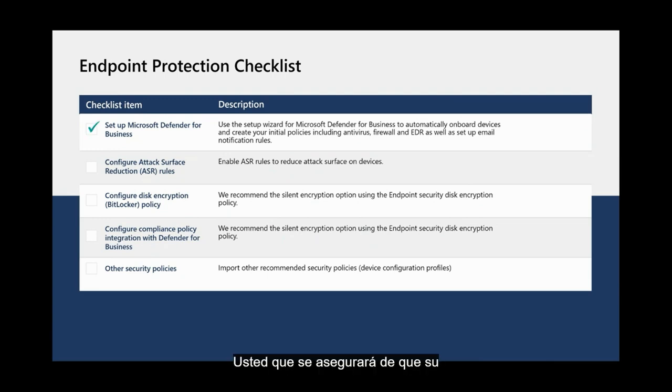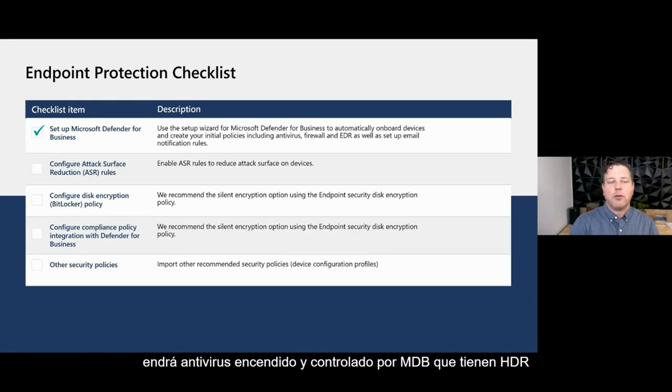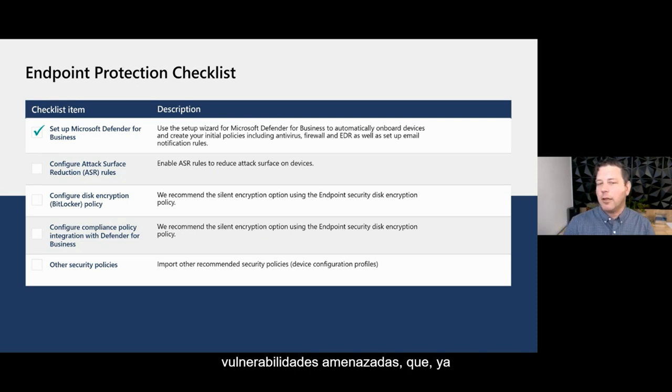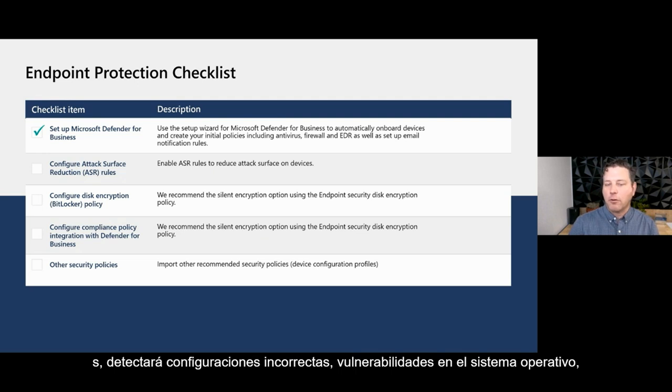That will make sure that your customer has, as we explained yesterday, the difference between antivirus and EDR. Your customer will have antivirus on and controlled by MDB. They'll have EDR on and controlled by MDB. We'll have threat and vulnerability management turned on, which will detect misconfigurations and vulnerabilities in the operating system, cross-platform.